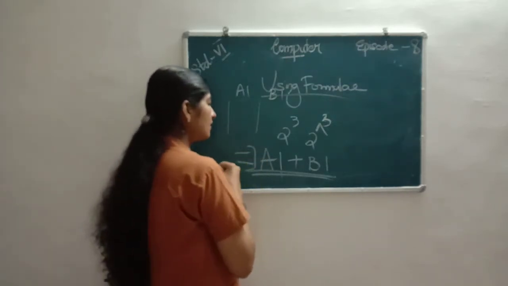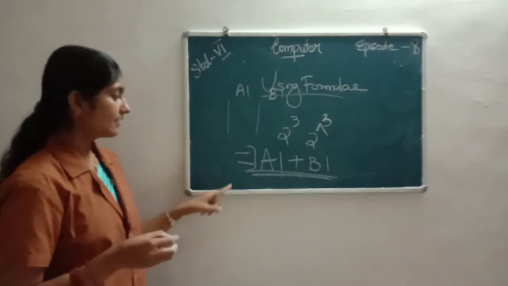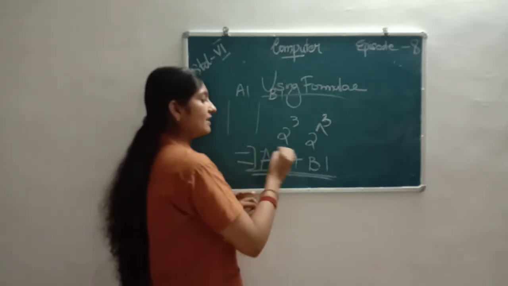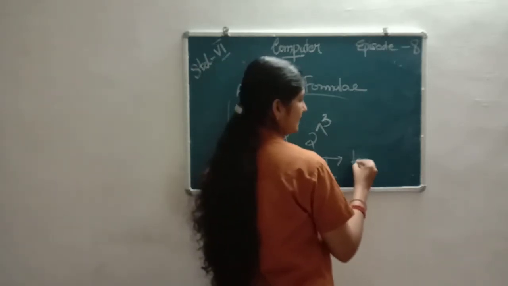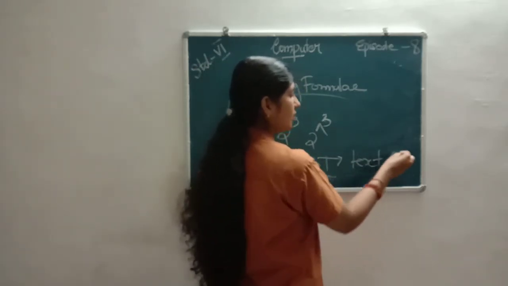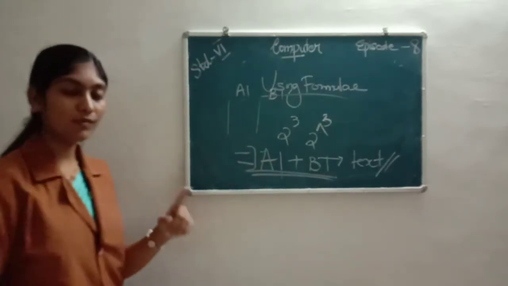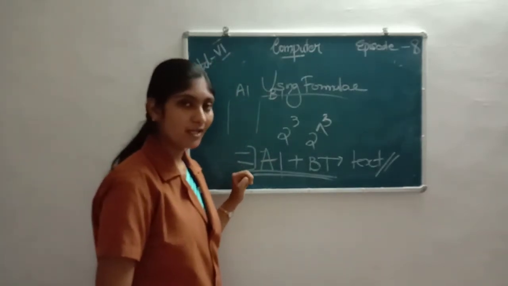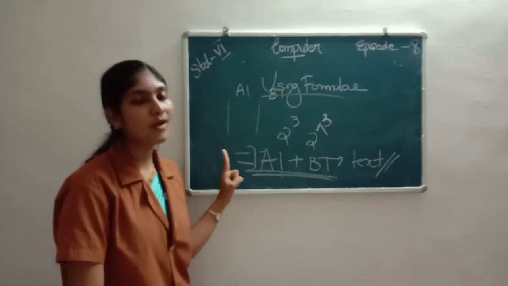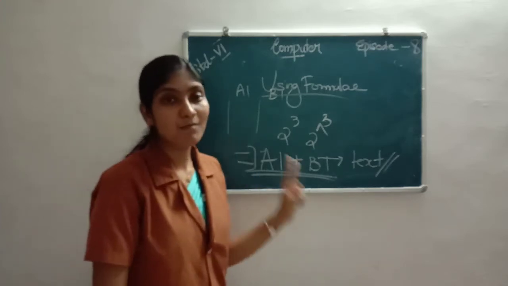If you do not type the equal to symbol, it will be considered as text. So there is no formula, it is considered as text.